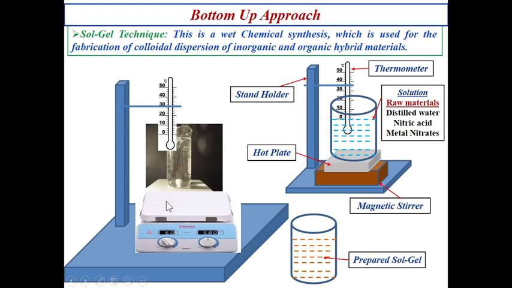If I add more and more sugar, then after some time we can find a gel-like solution. Okay, gel-like solution we can find. So this is the method that we have to consider to prepare the solution first. Okay, solution in the form of gel.